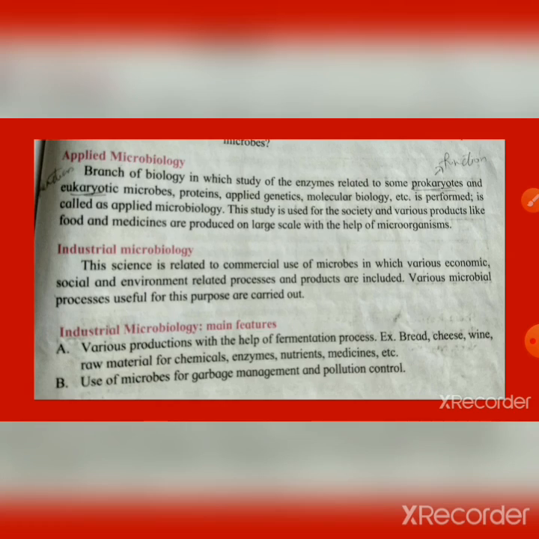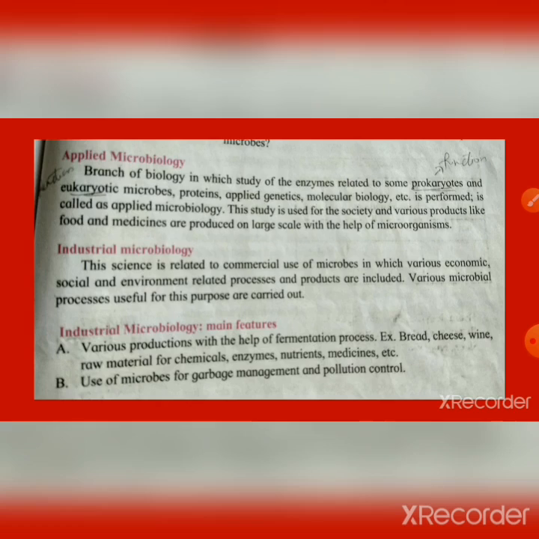This study is used for the society and various products like food and medicines are produced on a large scale with the help of microorganisms. Industrial microbiology. This science is related to the commercial use of microbes in which various economic, social and environmental related processes and products are included.